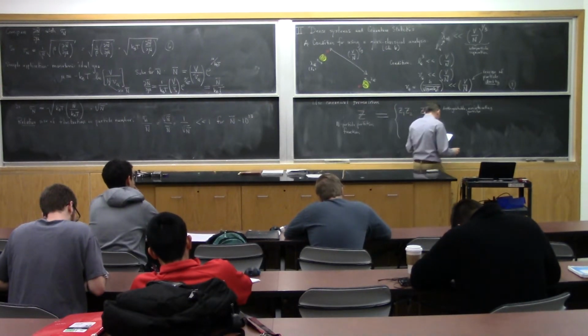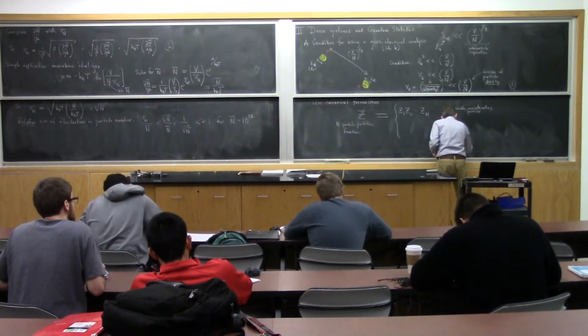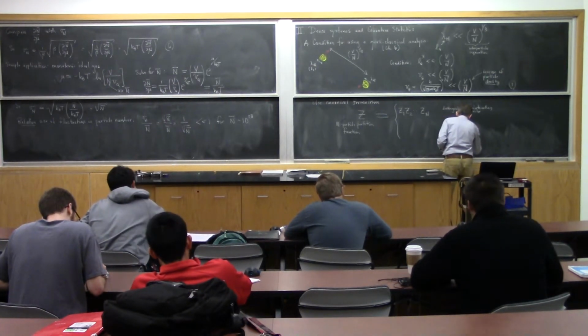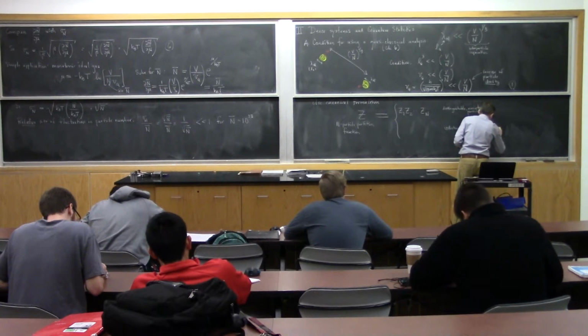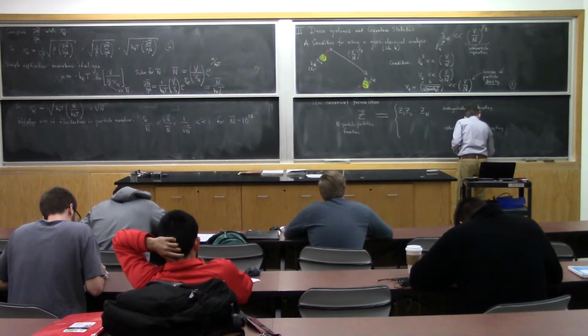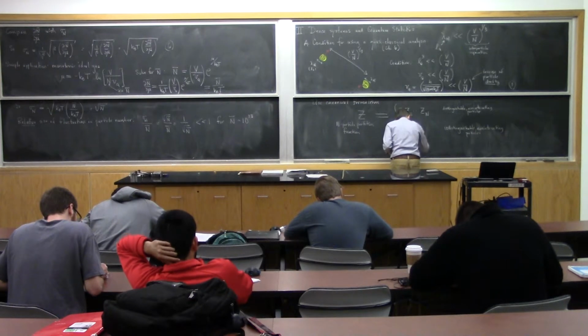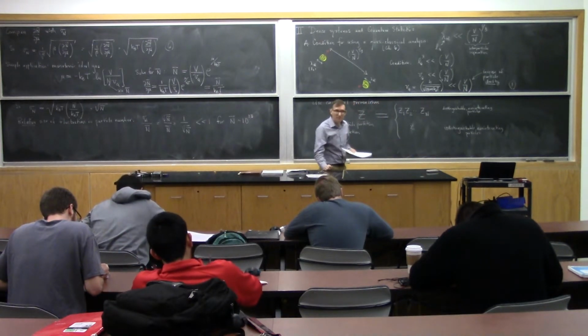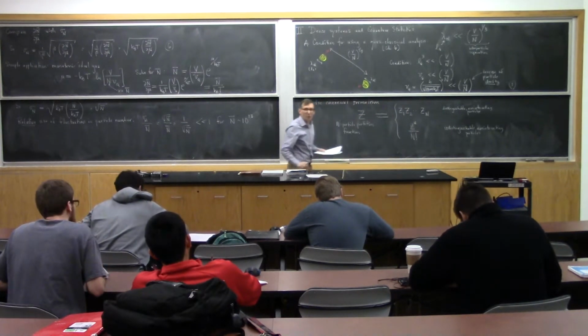Or, if you have indistinguishable, non-interacting particles, then all you have to do is find the partition function for any one of them, Z1, raise it to the N power, but then, because it overcounts the states, you have to divide by N factorial.